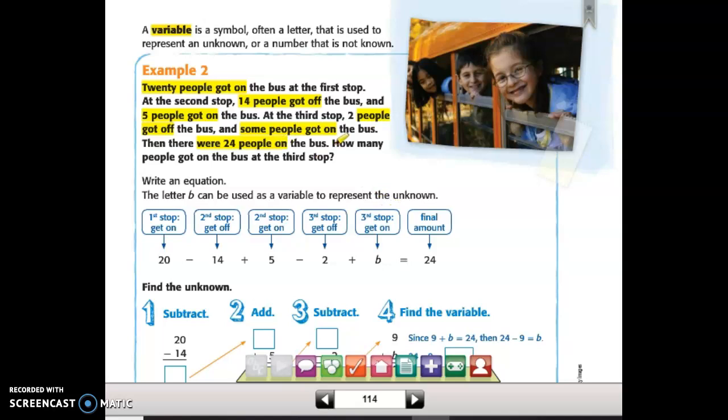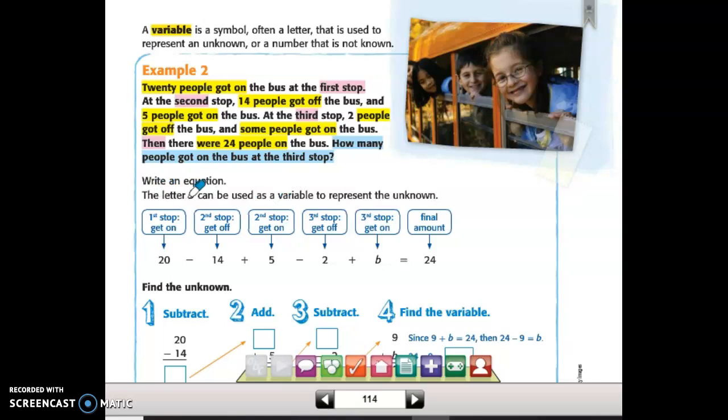Our question is, how many people got on the bus at the third stop? And we can think of our keywords as the first, what happened first, the second stop happened second, and then the third stop, and then. So that tells us the order that things are happening.